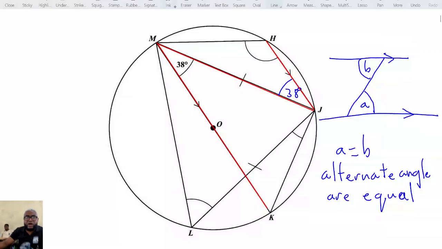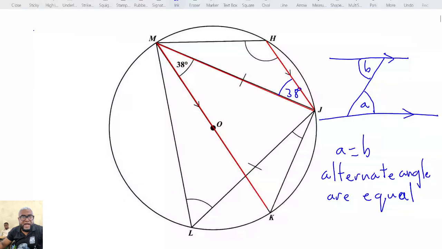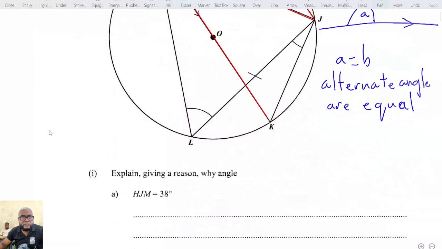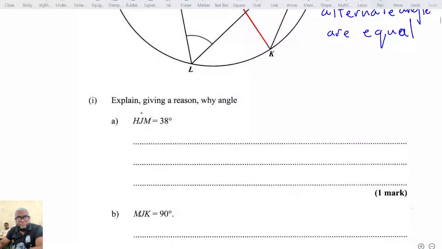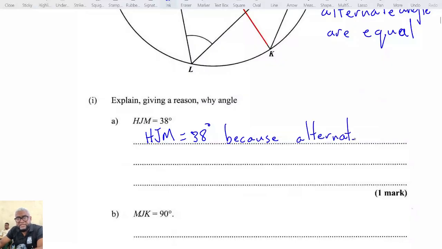So we're going to write this. This is part 1. They want us to explain, giving a reason, why this angle is equal to this. So HJM is equal to 38 degrees because alternate angles are equal.